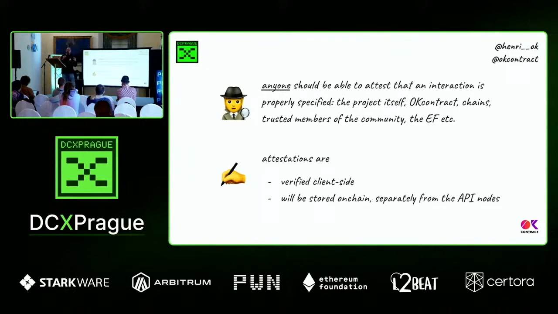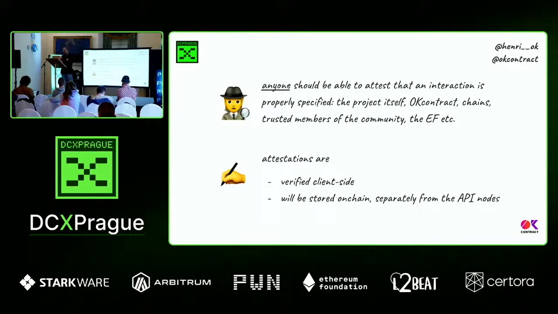Another thing in trust is that since we have this shorter description of the interactions, anyone should be able to attest that this is a correct one. And for many people that the community cares about, like the project itself, maybe us, maybe chains, or trusted members of the community, or the Ethereum Foundation, who knows, they can create attestations that, okay, this interaction to add liquidity on that project is valid, the computation is valid.